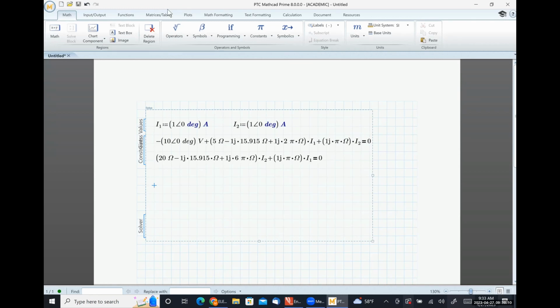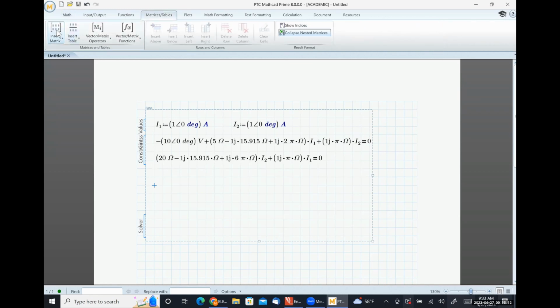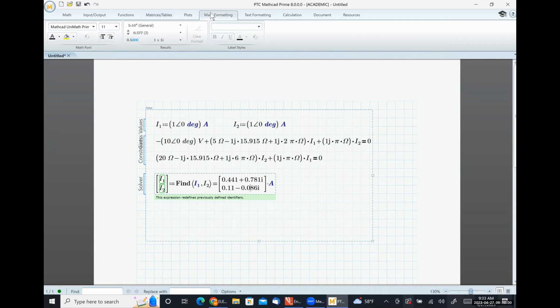And now I'm going to solve this thing, giving myself a matrix here. So I1 and I2, find I1 and I2. Express these as polar form complex numbers, like so.